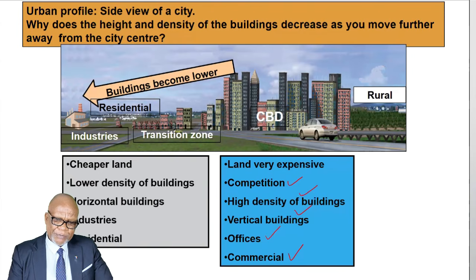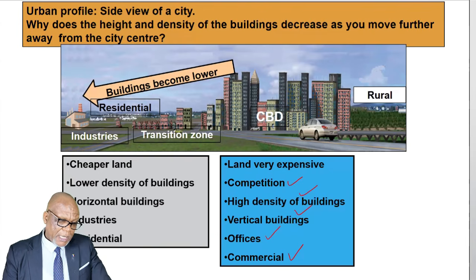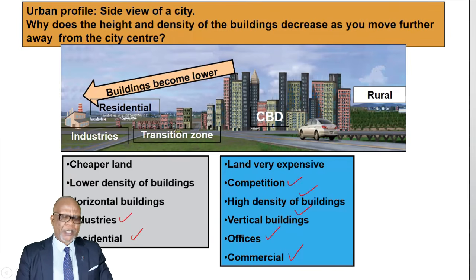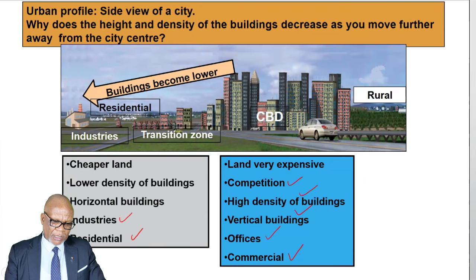So in the city center, they make maximum use of the land by making the buildings taller. And away from the city center, we find industries and residential. I don't think you have seen a double story of industry, unless it is a very light industry that makes clothes. You can have double story, but most of the industries will be single stories.